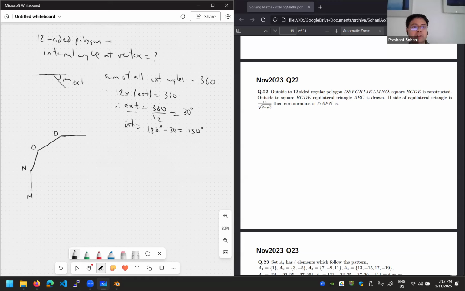You see that from M to E, I have taken three 30-degree turns, so the total turn is 90 degrees. This looks like a reasonably accurate diagram. Then I proceed from that, because I also need point F, so one more 30-degree turn.